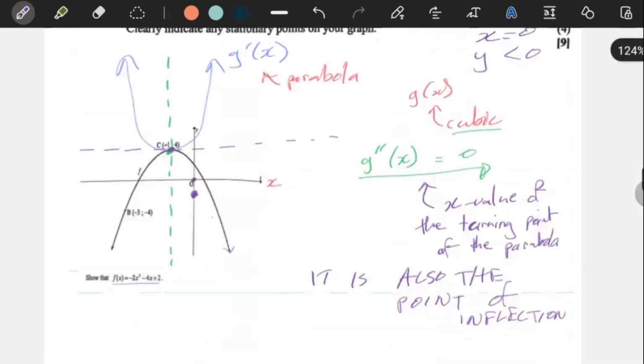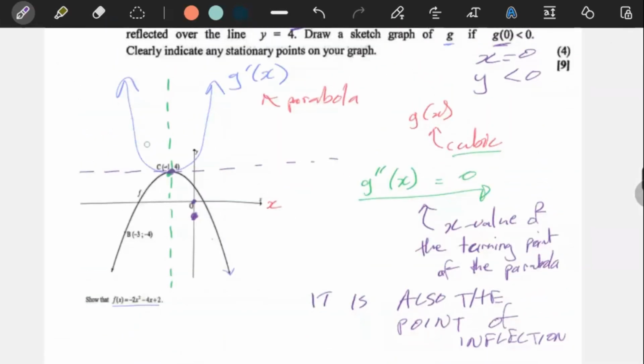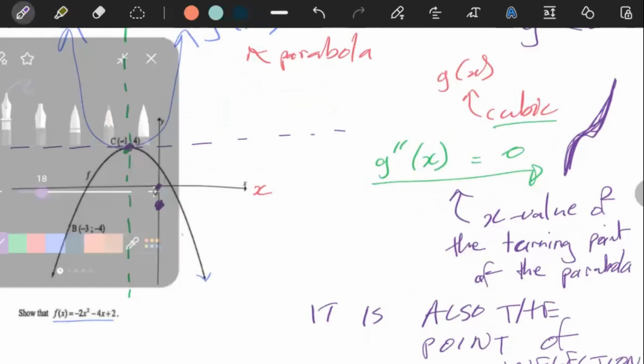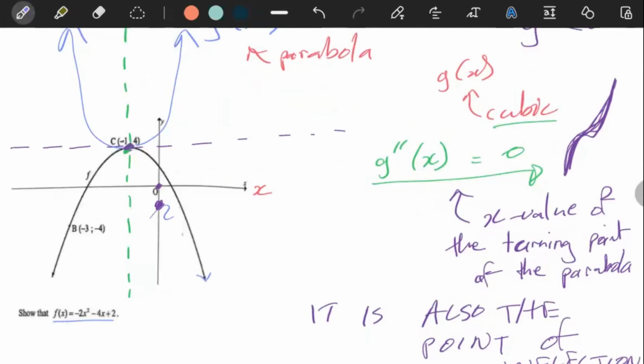So what we know about our image is that firstly, our cubic graph is going to be a positive cubic graph. What we also know is that since it has no x-intercept, it's going to be almost like a curve that looks something like this. So for us to have this curve on this image here, the only logical way to do it is, firstly, there's a point of inflection along this dotted line.